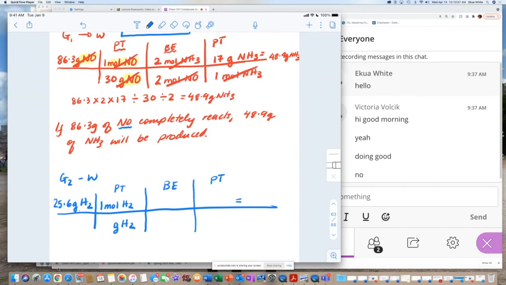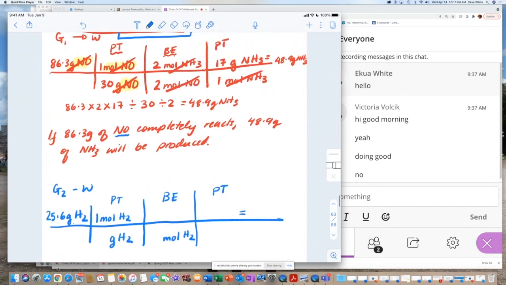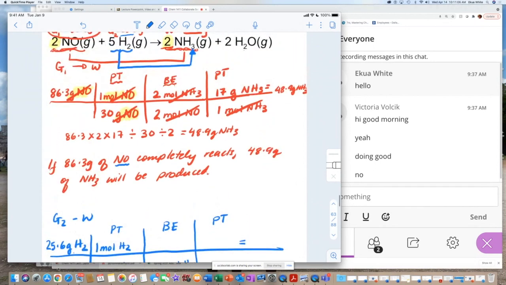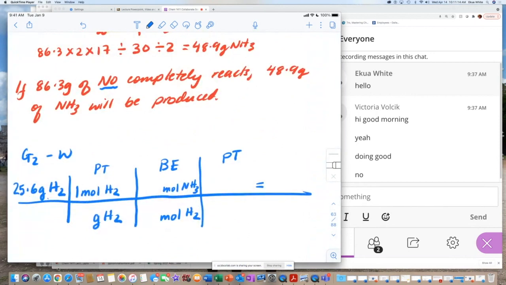Let me go through and just write the units. Then on the bottom here, mole of H2. For BE, that goes with this right side. Mole of NH3. I'm not writing the actual numbers. Then down here, we have mole of NH3. Then on top, we have grams of NH3.